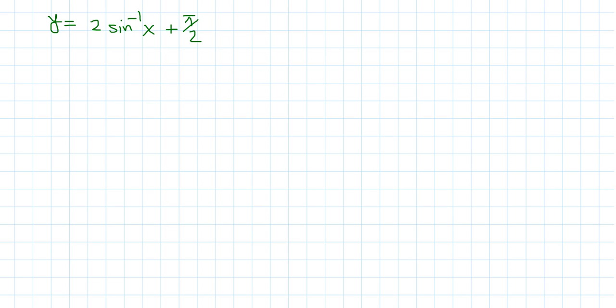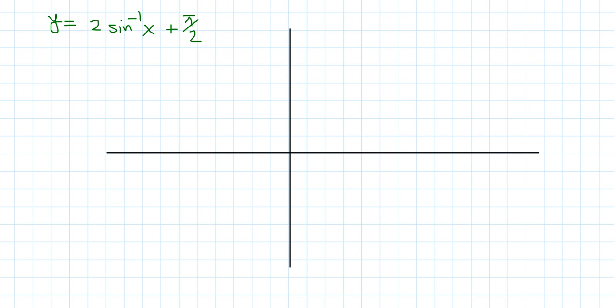It is the example that I told you, the origin shifted on the y-axis. I understand how to draw the graph of y equal to sine inverse x. So it is the graph of 2 sine inverse x.